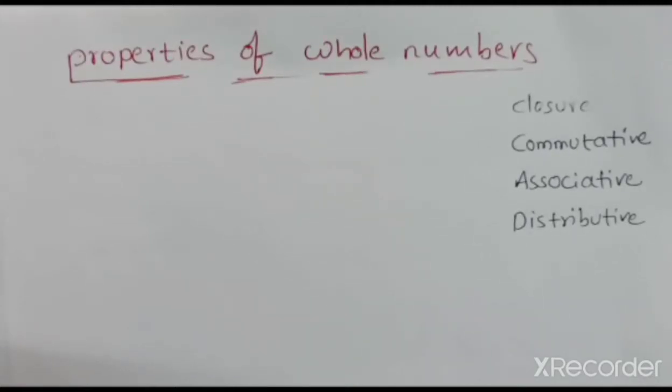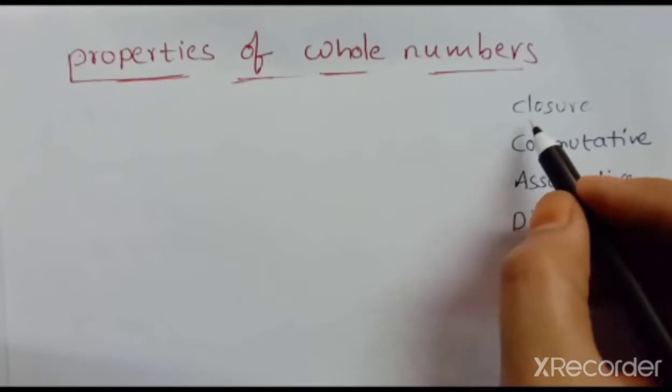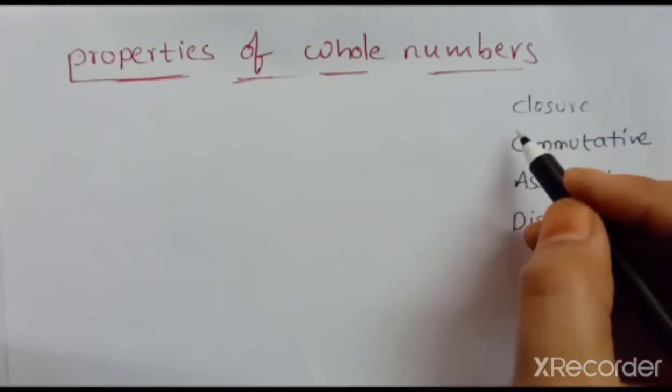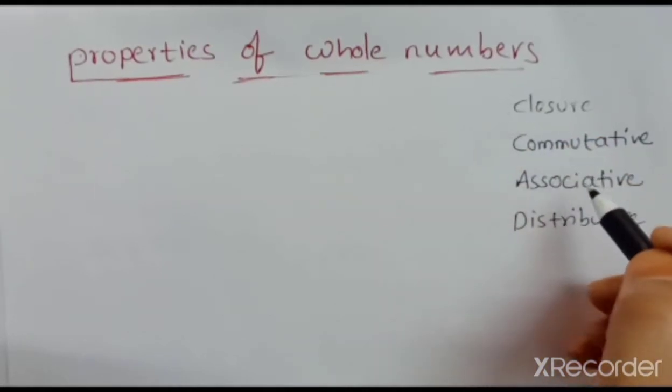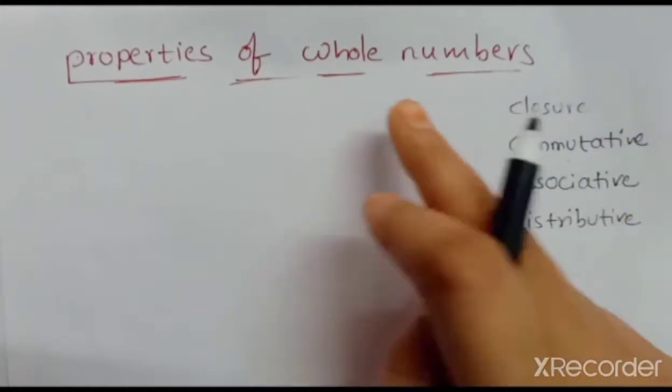In today's session, we will discuss the properties of whole numbers. Already in the previous session, we have seen the closure property. In this lesson, we are going to study the closure property, commutative property, associative property and distributive properties of whole numbers.